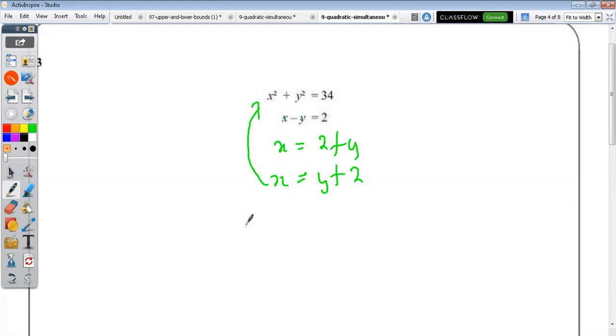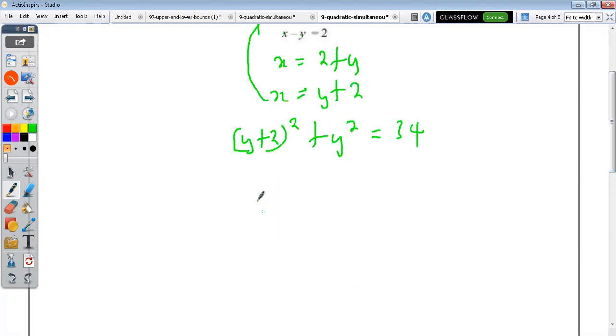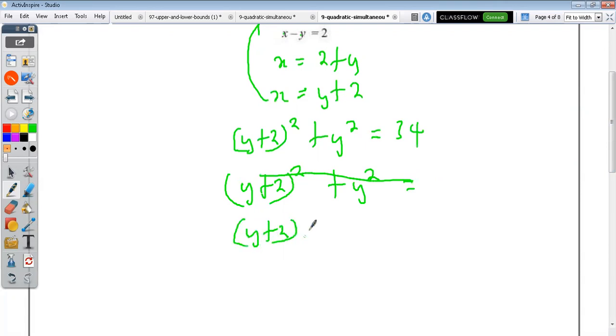So we have x, we are now substituting with y + 2, squared, plus y² is equal to 34. Which means (y + 2)(y + 2) plus y², remember this y², is equal to 34.